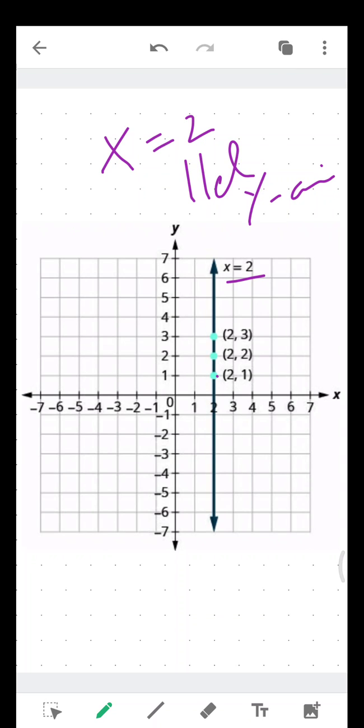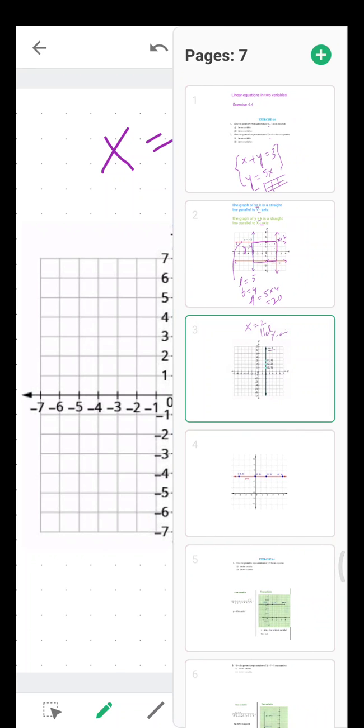This is 2 comma 1, this is 2 comma 2, this is 2 comma 3, so on. If you come down here, 2 comma minus 1, 2 comma minus 2, 2 comma minus 3, so on. So this is the graph of x is equal to 2, whatever may be the y coordinate, x will always be 2.